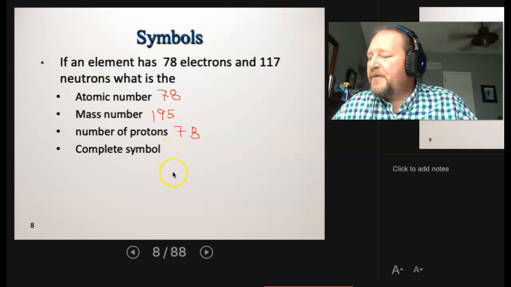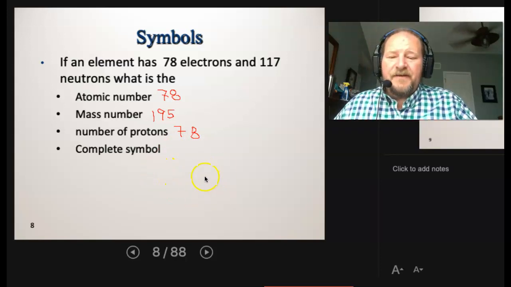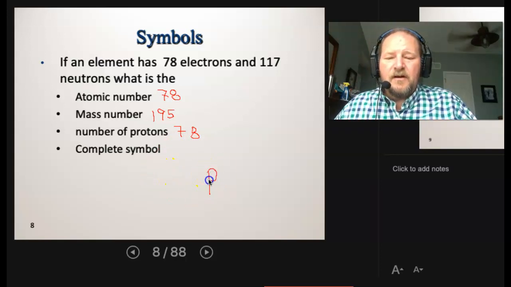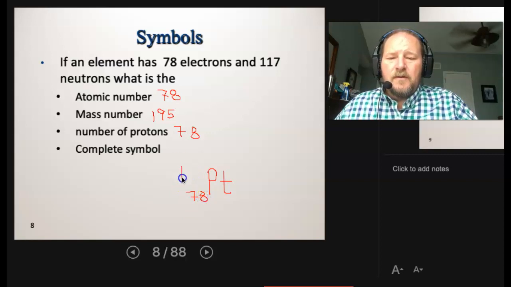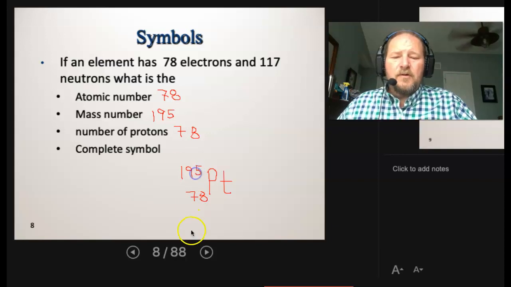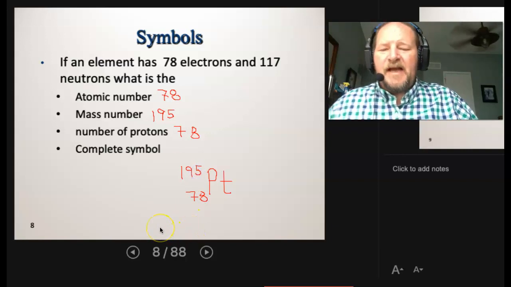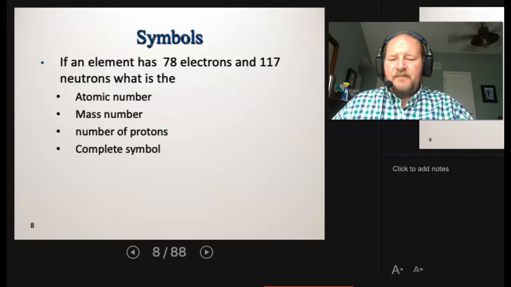Use your periodic table to find number 78. That's going to be platinum. And there you go. So hopefully you got platinum 195.